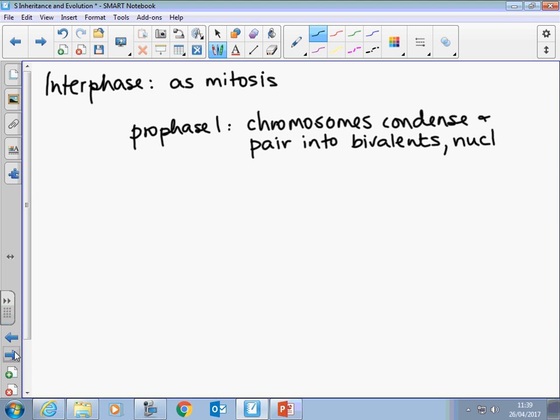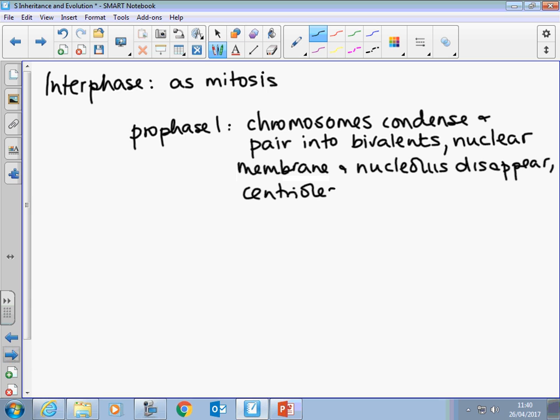Nuclear membrane and nucleolus disappear. And centrioles head off to the poles. And then the other thing that we've got to put in here, crossing over. Because, right, very important bit that. That's probably the biggest section. I don't think I missed anything out of that.